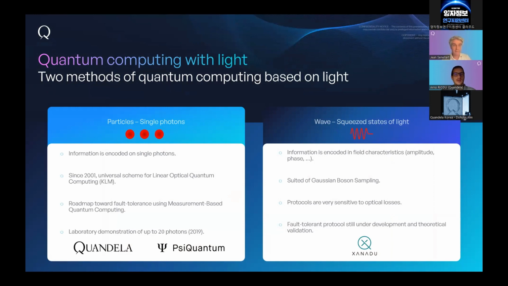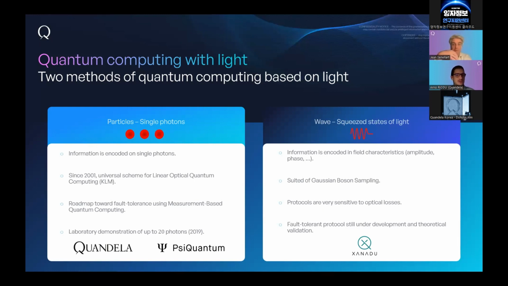Then another important point is that there are at least two main ways to do quantum computation with light. The way we use at Quandela is using single photons. We call that discrete variable quantum computation, and the information is encoded on the single photon.